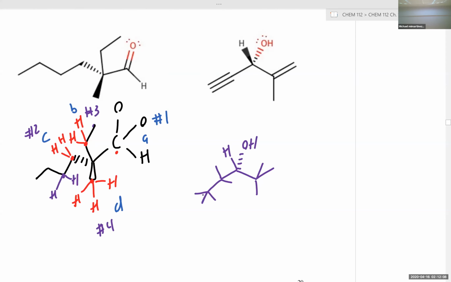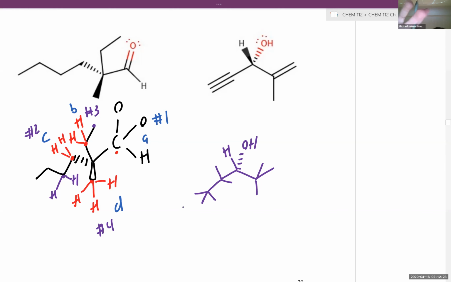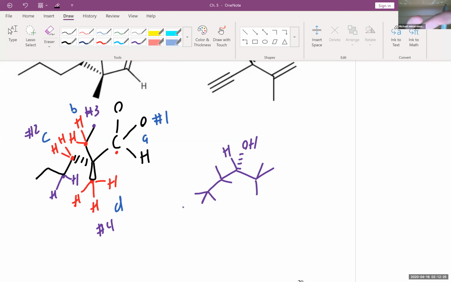Remember, a triple bond is equivalent to 3 bonded carbon atoms, right? So I drew out my triple bond to more accurately reflect how it's counted in the Cahn-Ingold-Prelog system.